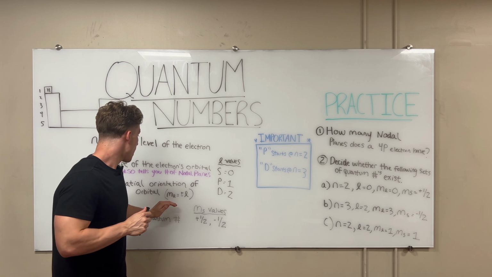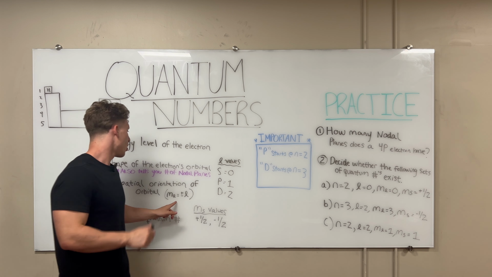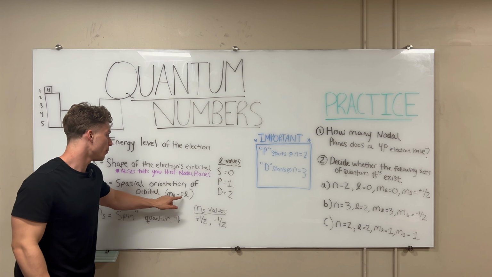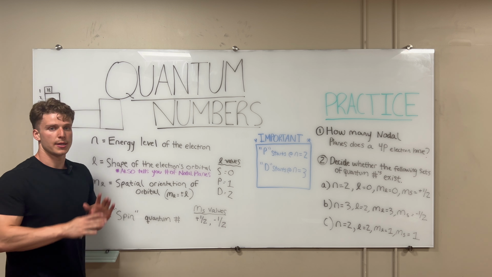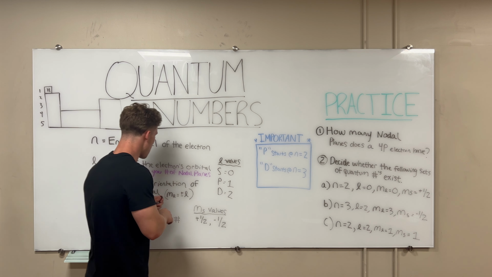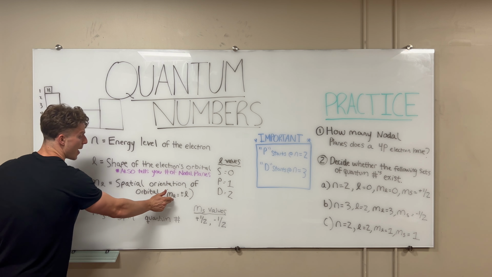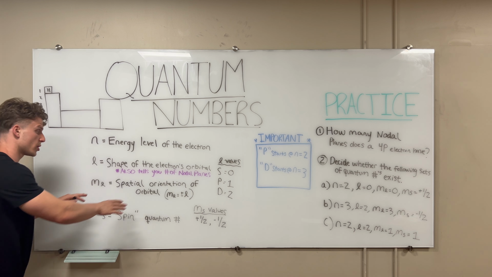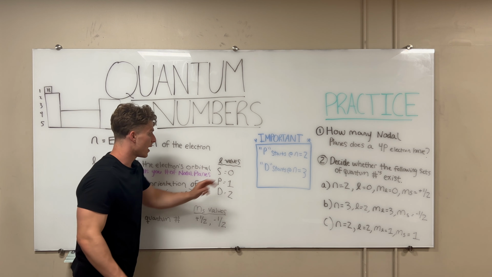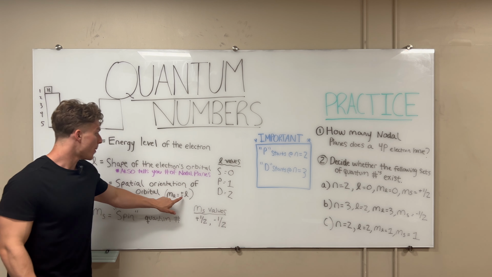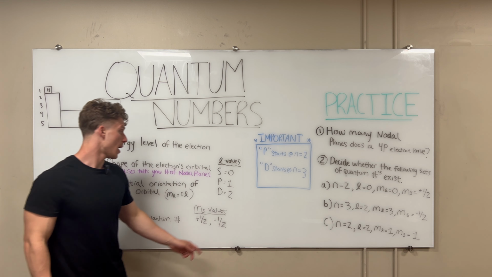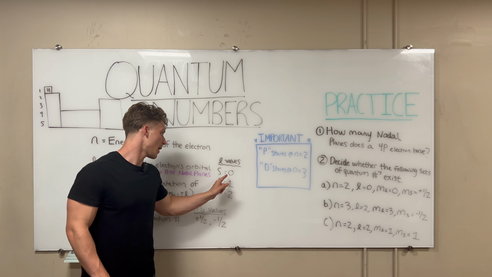So, if we want to come up with values for M sub L, the rule of thumb is we can go from plus L to minus L. Now, what does that mean? If I want to know the possible M sub L values, or quantum numbers, for an s electron, well, we can go from positive L to negative L. However, the L value for s is 0.